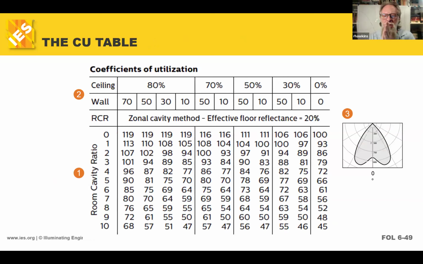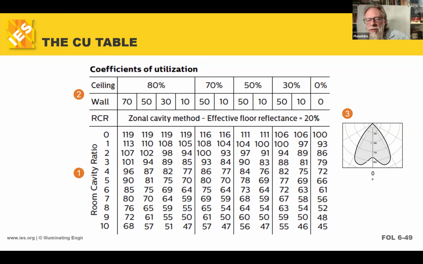All right. So here she is, the CU table. The things to take from this table, even though you're probably not going to be doing these average calculations by hand yourself, there's lots of cool utilities that do this for you. But if you take a look at this CU table for a particular fixture with a particular distribution, that's what's over on the right.